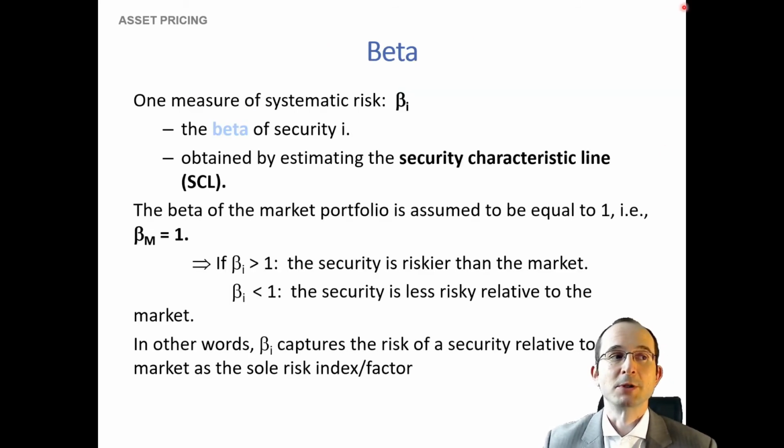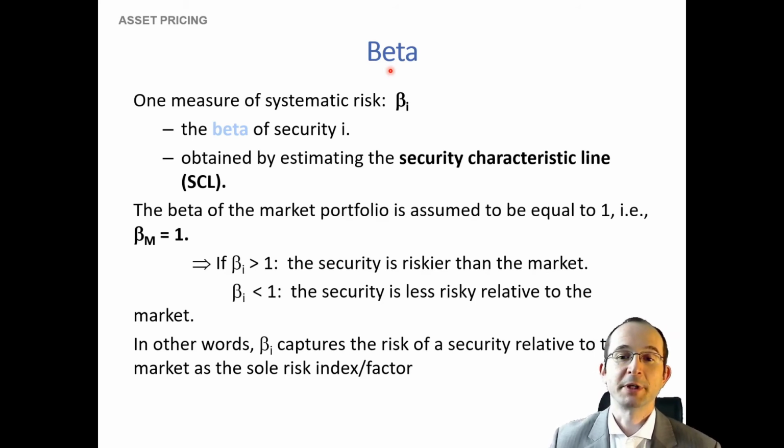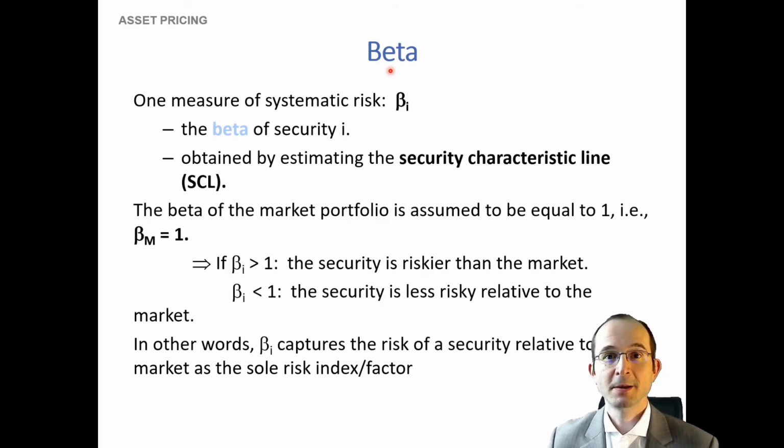So how do we measure systematic risk in the CAPM? Well, building on our informal intuition from the single index model, we know it should be your exposure to the macro risk factor. And of course, if in the CAPM the macro risk factor is the market portfolio, then it should be the asset's beta on the market portfolio.